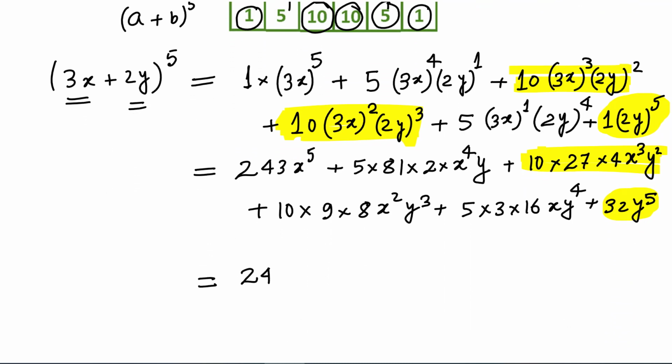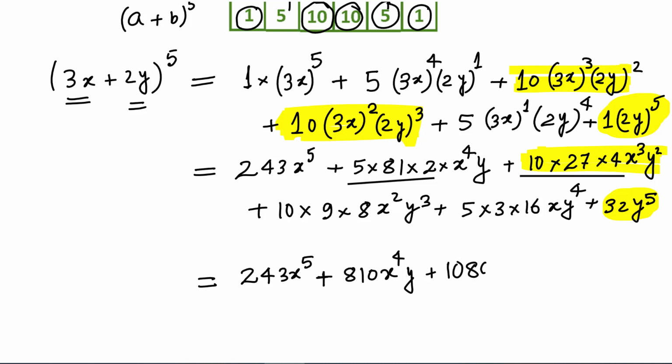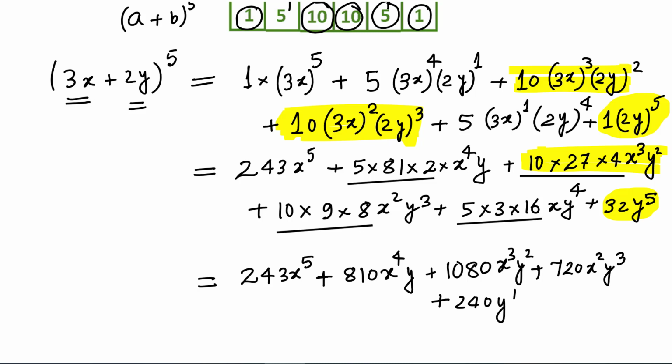So that is 243 x raised to the power 5, and this will be 810 because 5 2s are 10, and then 81, so 810 x^4 y, plus this will be 1080 x cube y square, and this will be 720 x square y cube, and this is plus 240 x y^4, and this will be 32 y^5.